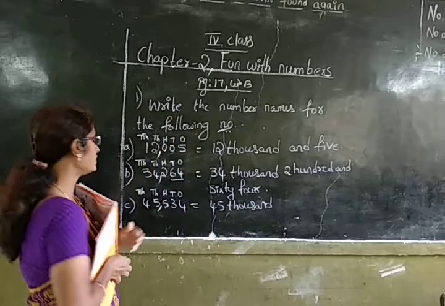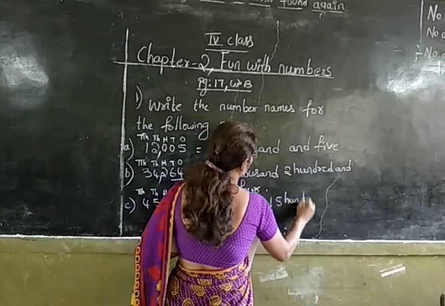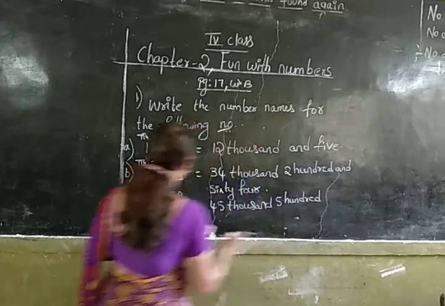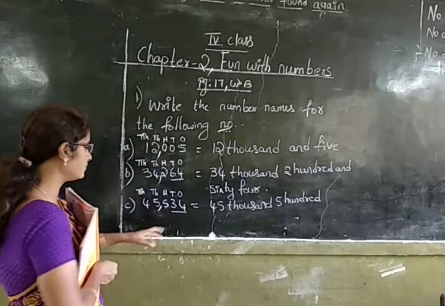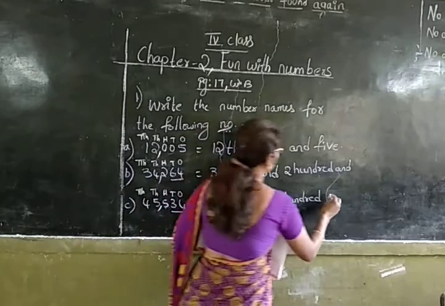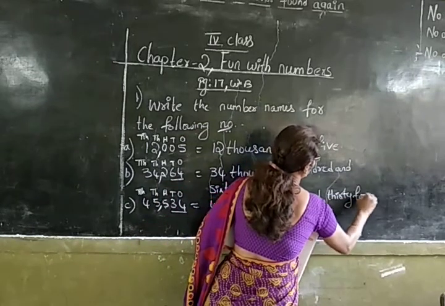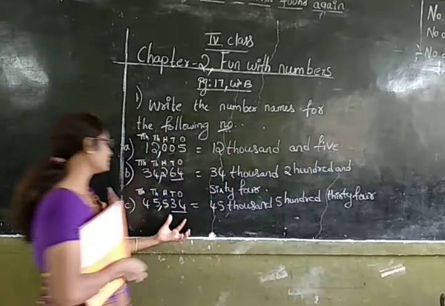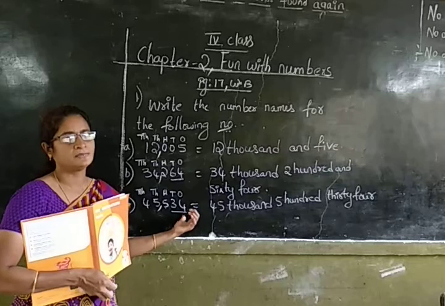In hundreds place we are having 5, so you have to write it as 500. The numbers in tens place and ones place have to be read together. That is 34. Otherwise they won't have any meaning.